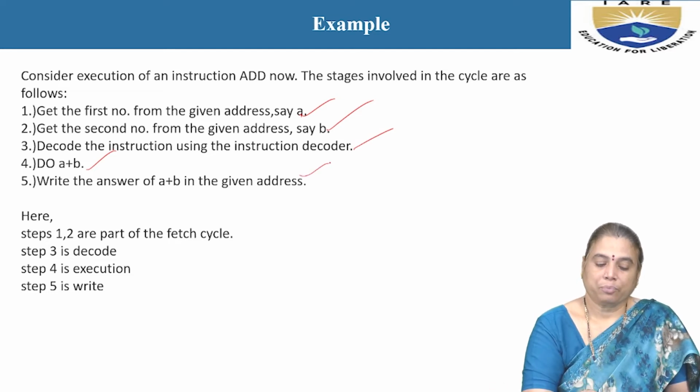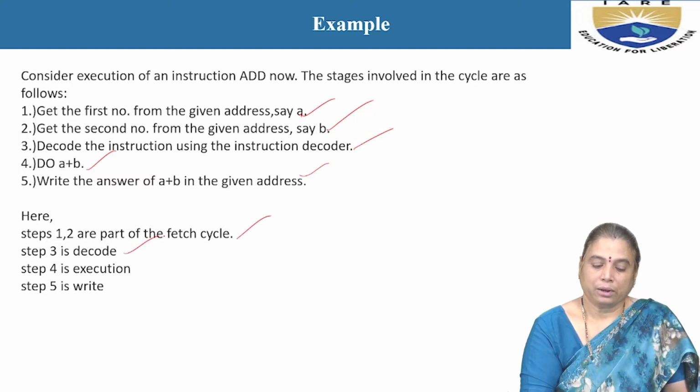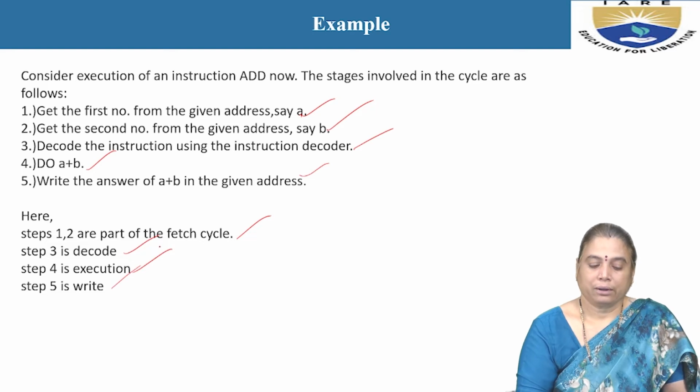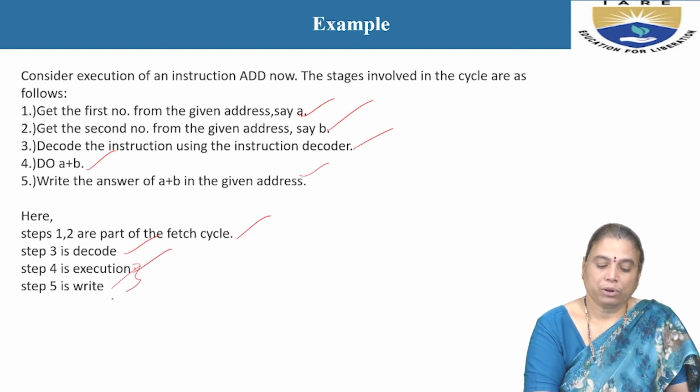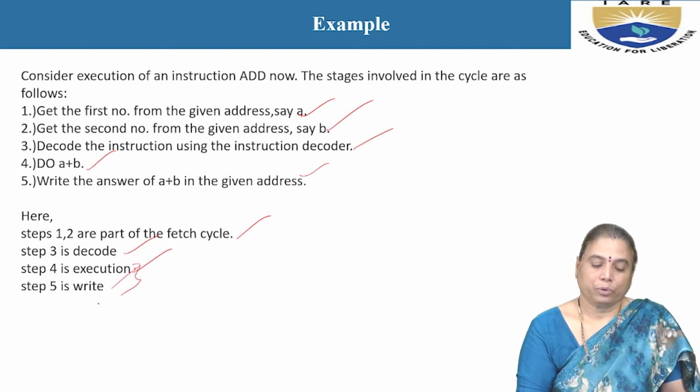So here steps 1 and 2 are part of the fetch cycle, 3 is the decode phase, 4 is the execution phase, and 5 is the write phase. During execution only the result is stored, so 4 and 5 come under the execution step.